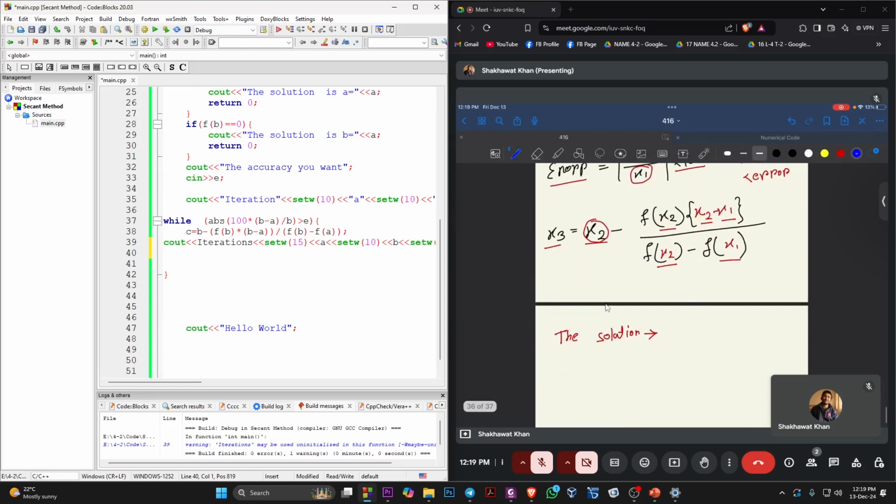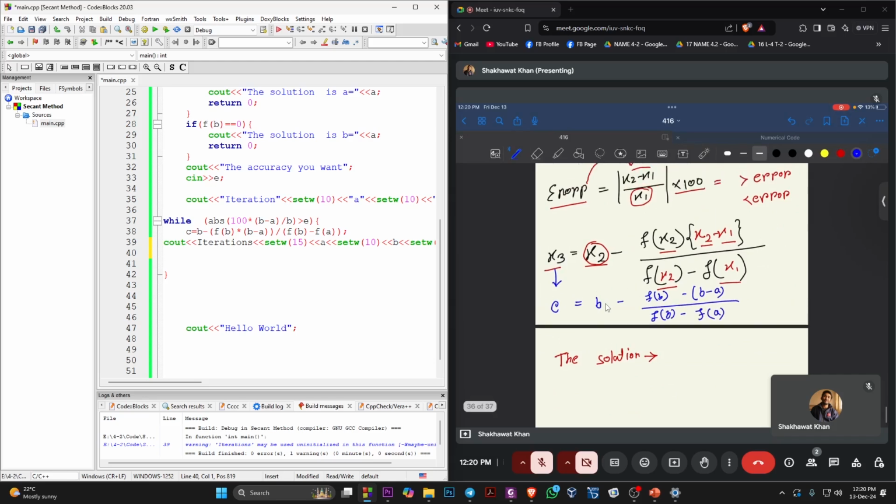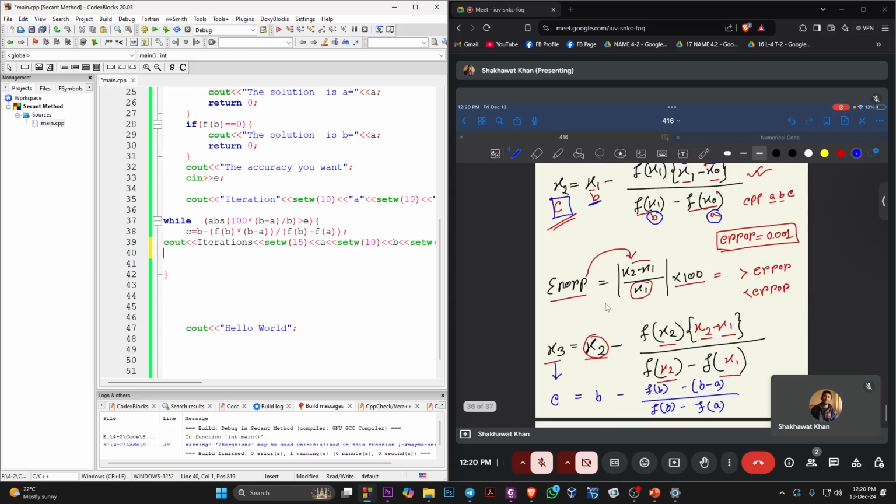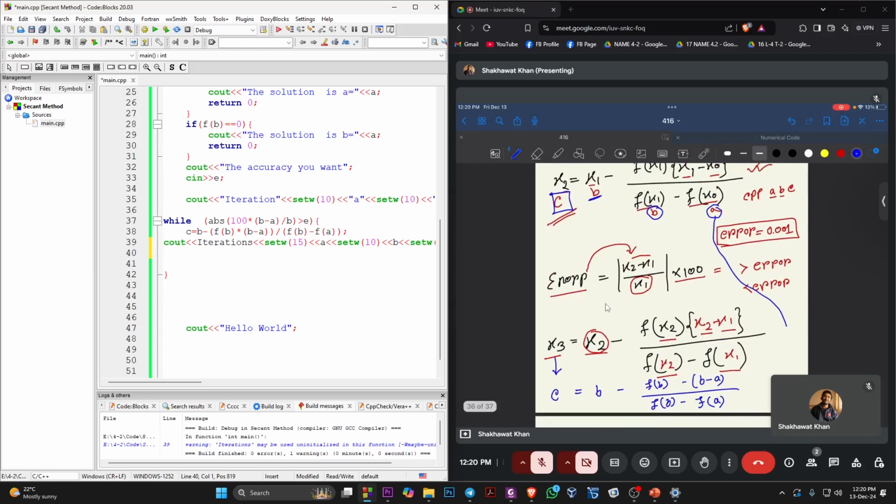So again this x3 value would be my C value, and this would be B minus f of B into B minus A over f of B minus f of A. Just listen to one thing: the previous value of A is x0.